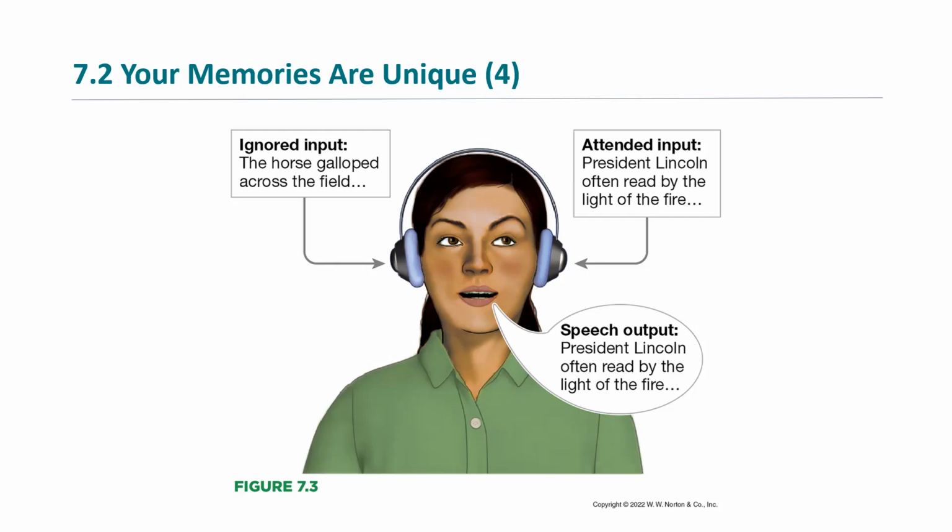But if something of importance showed up in her other ear while she was shadowing one message, it would shift and grab her attention momentarily. And I mentioned faces. Imagine I'm in that intent conversation, and my mother, who I didn't know was at this party, walks by, and her face is in my viewpoint.